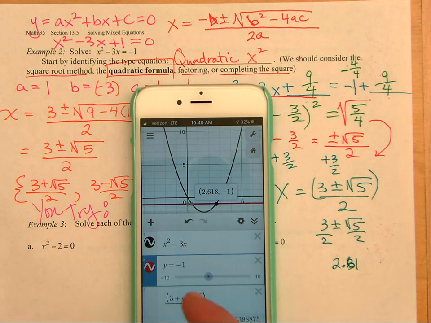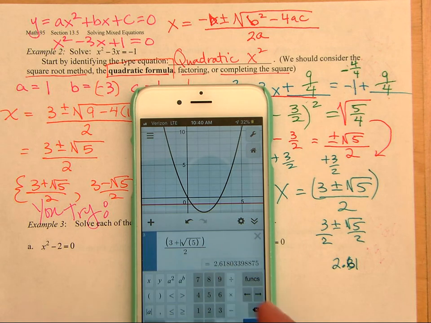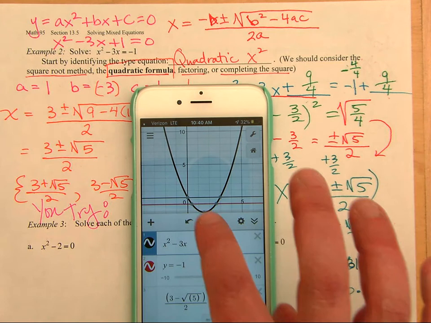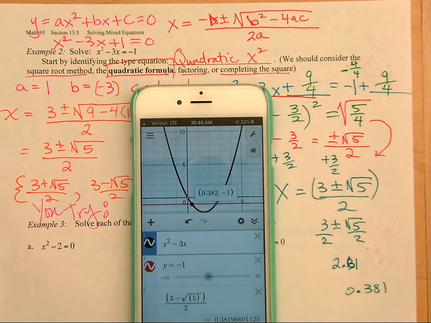If I do that same thing, but I take out the positive and use the negative, I get 0.381. Well, I would round that off to 2, but if I click on that point of intersection, it's rounded appropriately.